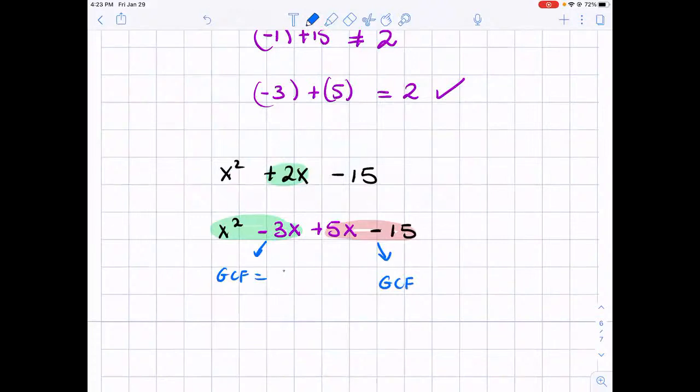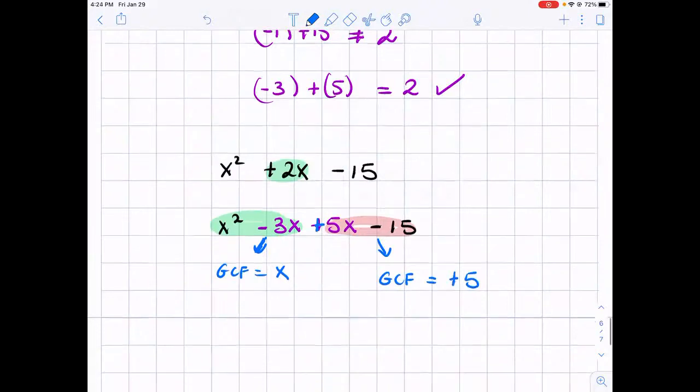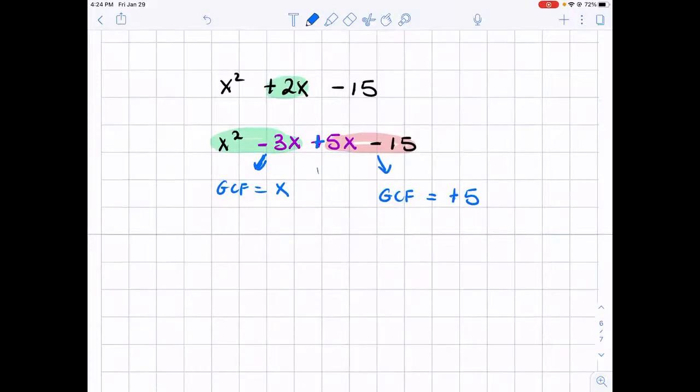Notice your GCF on this side here is x, and the GCF on this side, the sign is plus, so plus 5. If you take out x from the left-hand side, you'll have x minus 3. If you take out the plus 5, you will have x minus 3 also.